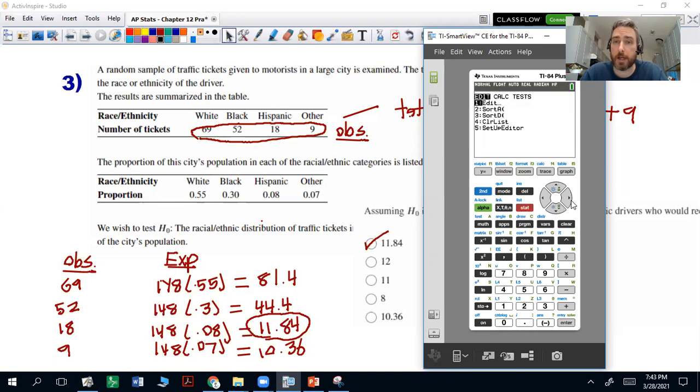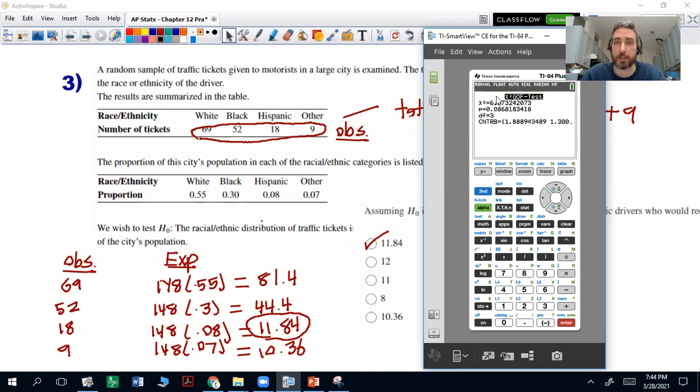So Stat, Tests, D, chi-squared GOF. Observed in L1, expected in L2, DF would be 3. We'll calculate that, and you can see the p-value is 0.0868.